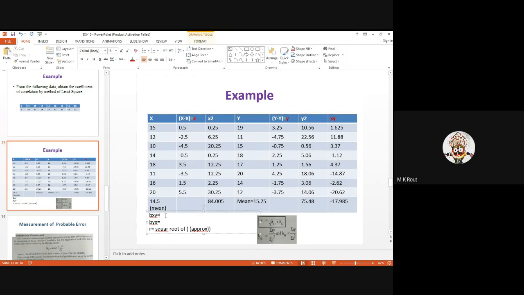That is summation of xy divided by summation of y square. So summation of xy, that is minus 17.985, divided by summation of y square, which is 75.48. Calculate this one.